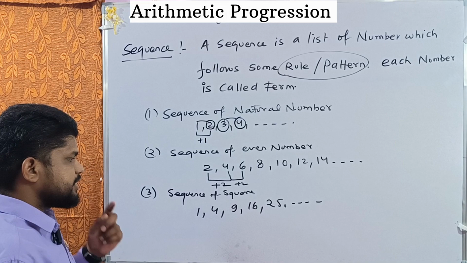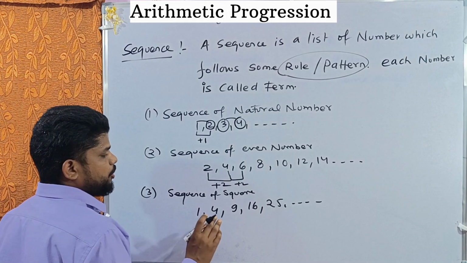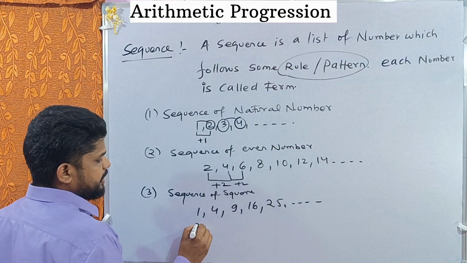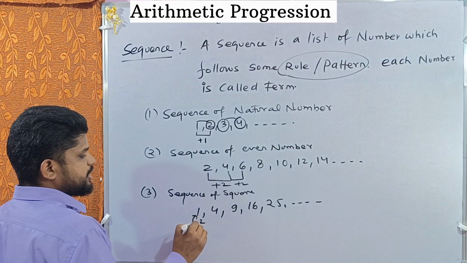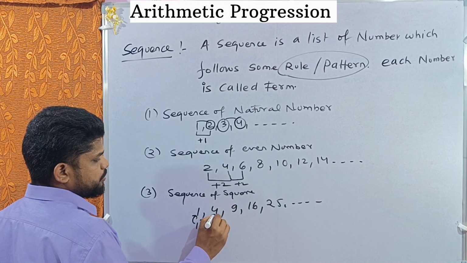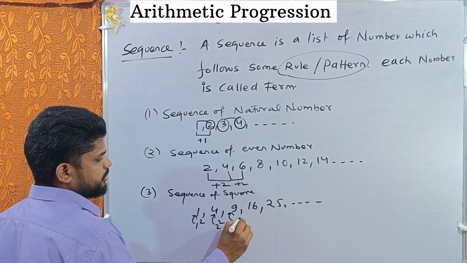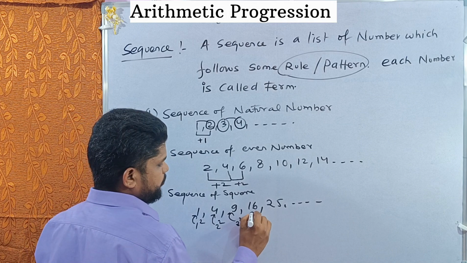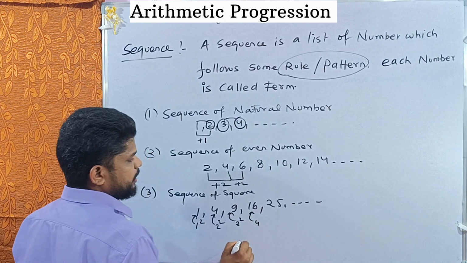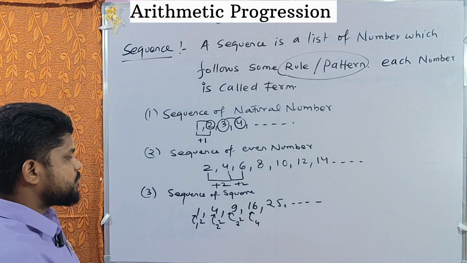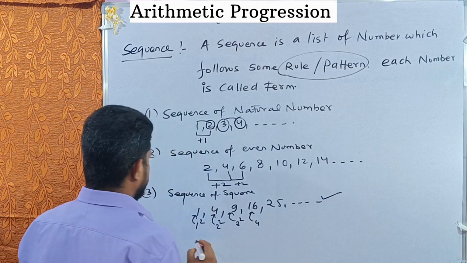Here you can see that this is called a sequence, which is like a sequence of natural numbers. So 1 is the square of 1, 4 is the square of 2, 9 is the square of 3, and 16 is the square of 4. Likewise, they have followed a certain pattern. So this is called the sequence of squares.